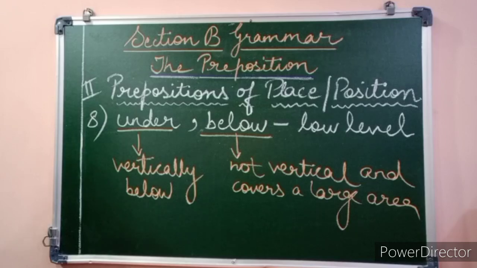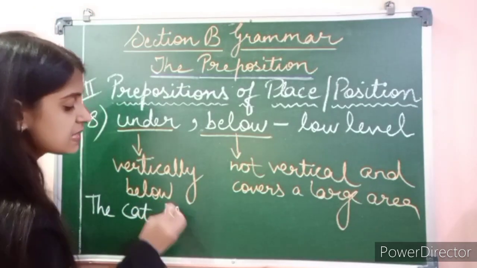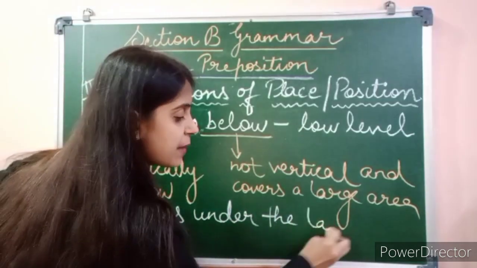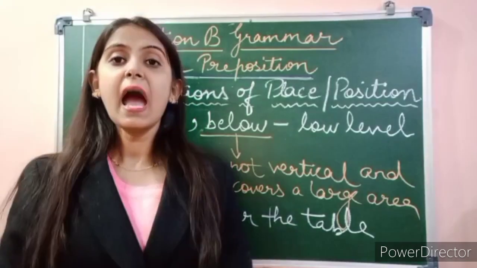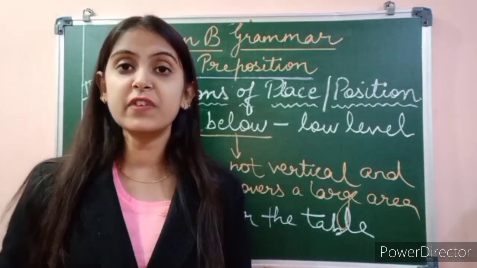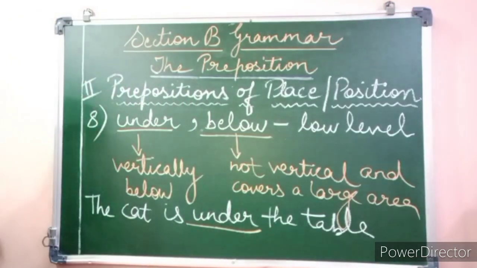Under and below. I'll give you an example to make it more clear. For example, if I say the cat is under the table, it means vertically at a low position, at a vertical position with the table. So we have used the preposition under.